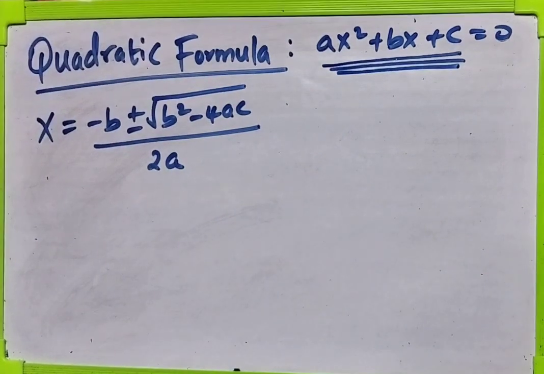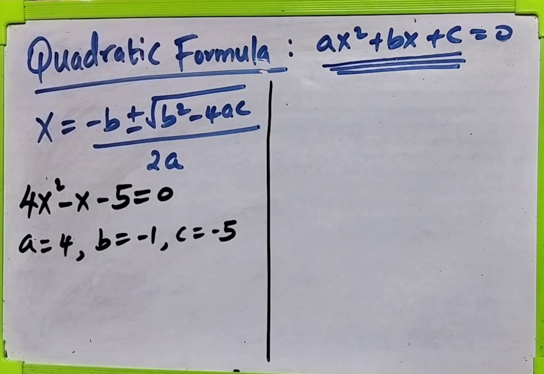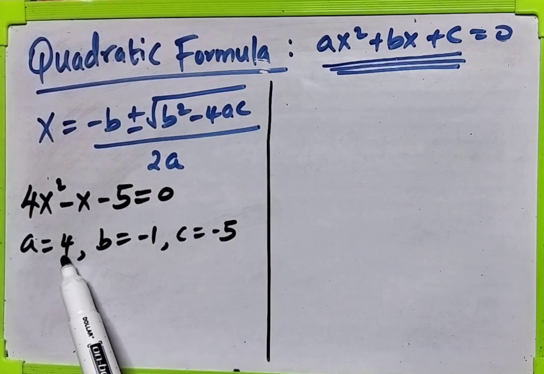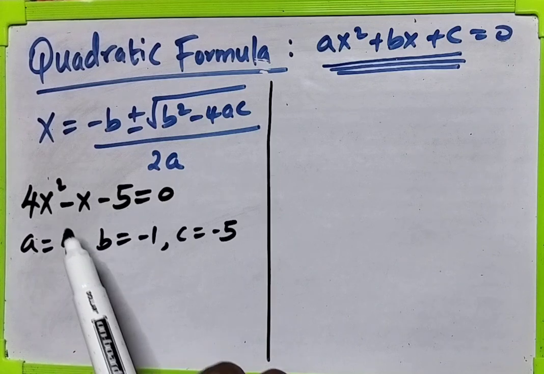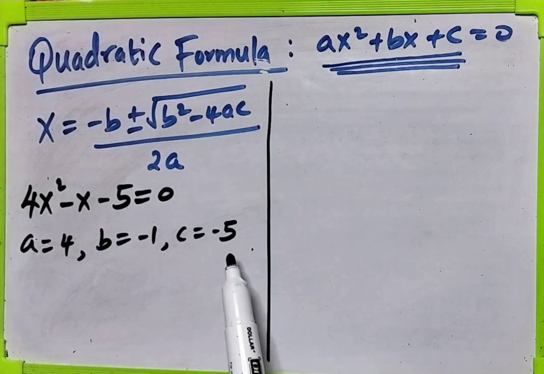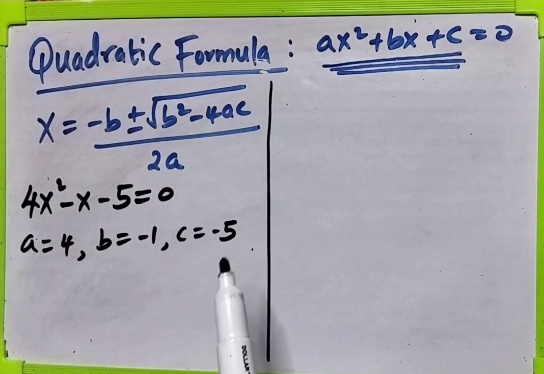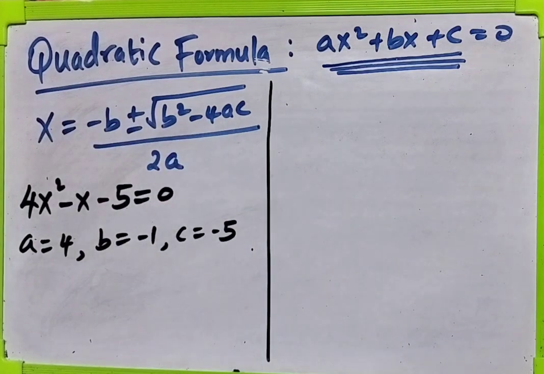What do we have? In our problem, we had a as 4, b is -1, and c is -5. So we are going to take the a, b, and c values and substitute them in the formula to find the value of x.